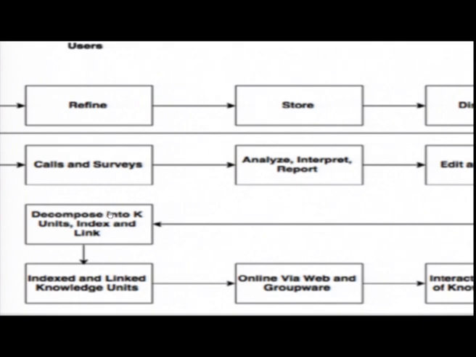Similarly, here the knowledge that has been acquired, refined, reported, edited and formatted has to get decomposed into k units, and it should be indexed. That is, the abstract should come at the top, introduction second, literature survey or the related work as the third chapter.